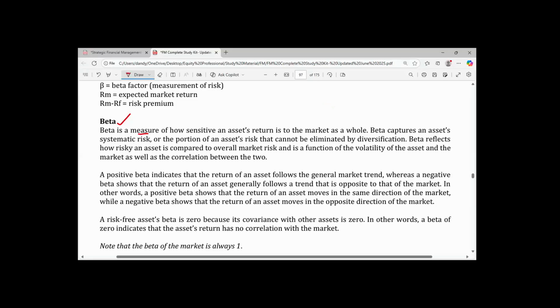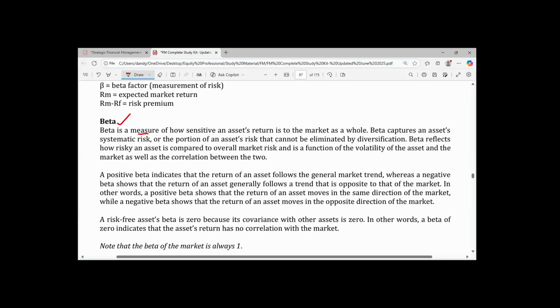The beta of the market is always 1, meaning that anytime you compute beta value, you need to benchmark against 1, against the market, all right? So if the beta of the asset is higher than 1, that means the security is more risky relative to the market.